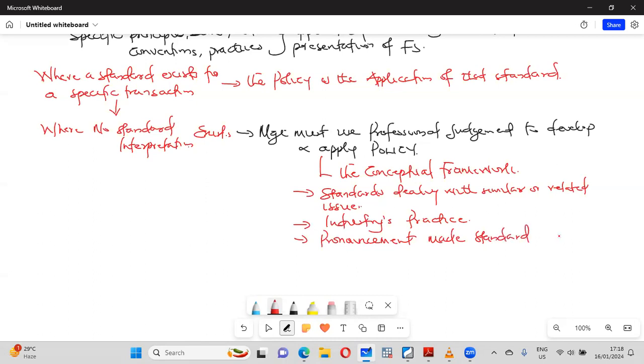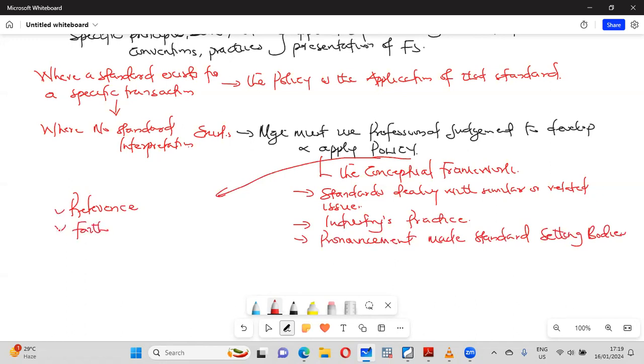There may not be a standard, but they might have said one or two things about it. All right, so that is your fallback. But like we said, whatever policy you are applying, just make sure it is made in reference to the conceptual framework. You need to apply relevance and what? Relevance and what? Yes, faithful representation.